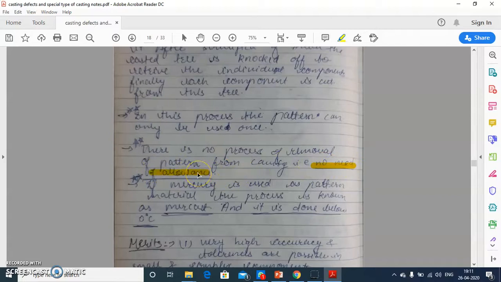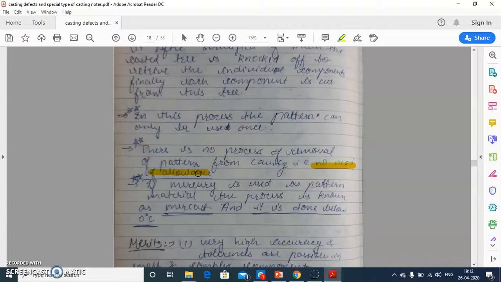Here we have not removed the pattern. We melt the pattern for making the mold or cavity. So there is no need of any allowance. Therefore, we get the product which is very accurate and tolerance.